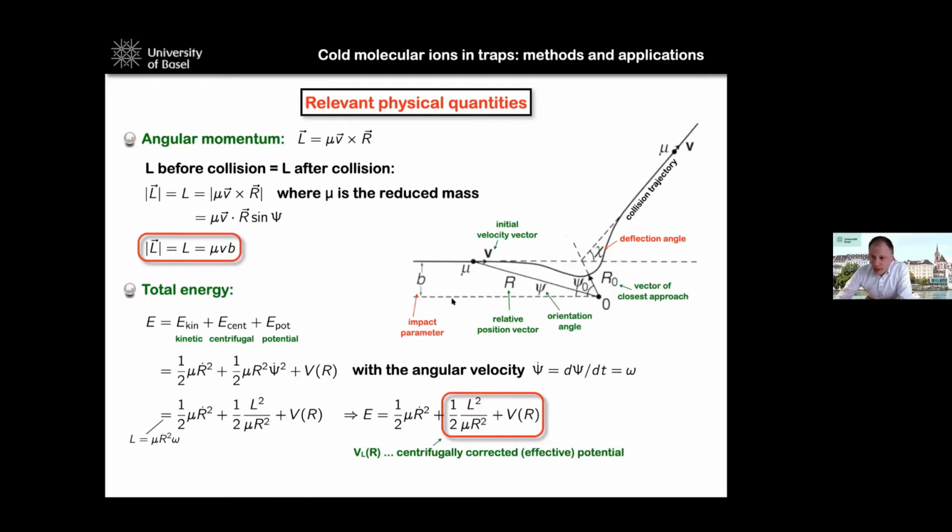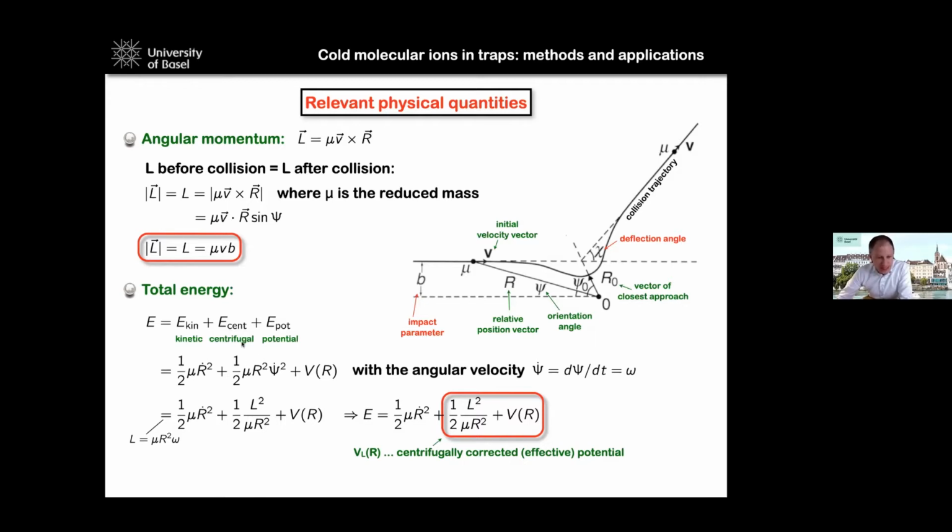And what is the rotational motion here? Well, the rotational motion is essentially the rotation of this relative position vector about this orientation angle psi over the course of the collision. Okay, so in general, with a collisional process, there's also this rotational component involved, and that is what gives rise to a centrifugal energy, right?